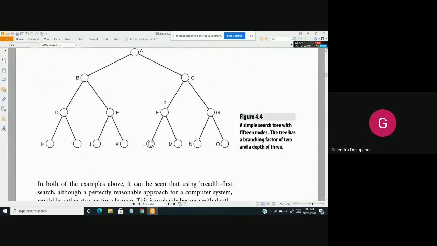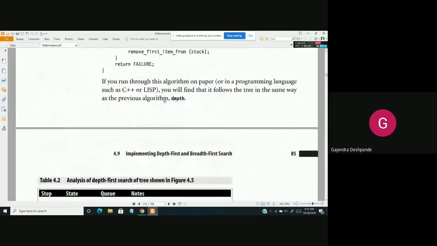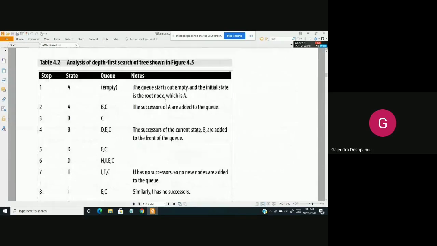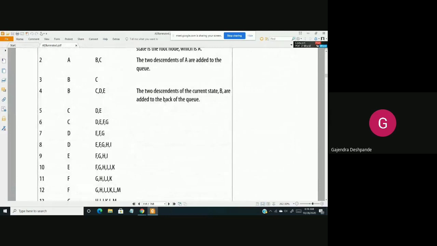Now I'm going to add F and G. So F and G will be added after D and E. So you can see here in the sixth step, F and G are added after D and E.